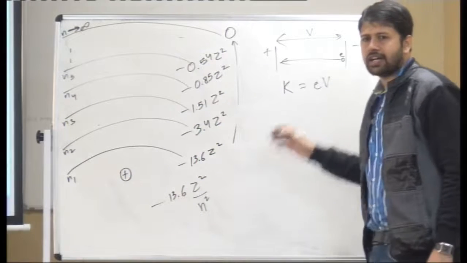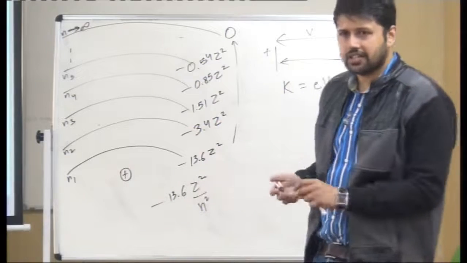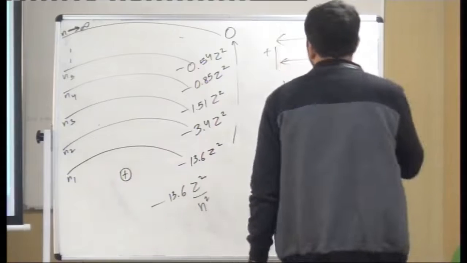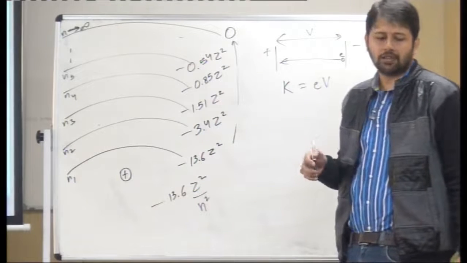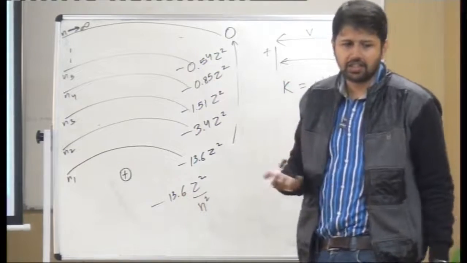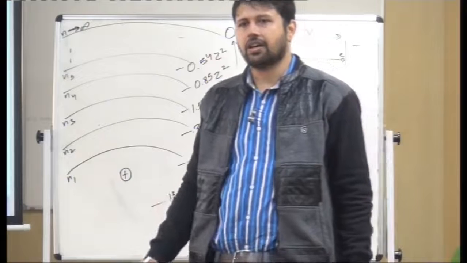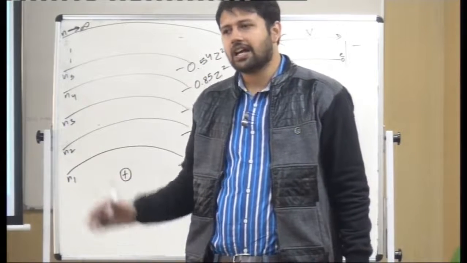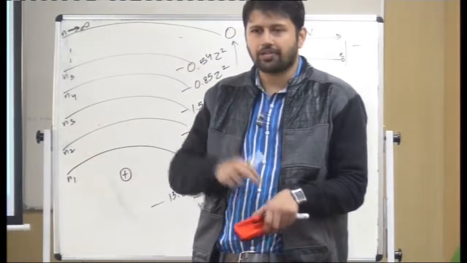So I can omit the word e from the energy and get things in volts. I was using the same logic. So ionization potential, by definition, is the potential through which an electron should be accelerated so as to have the same energy as that released, as that required for ionization.